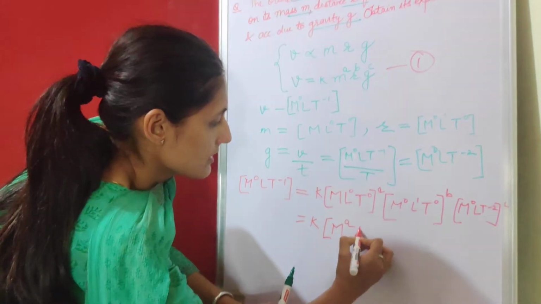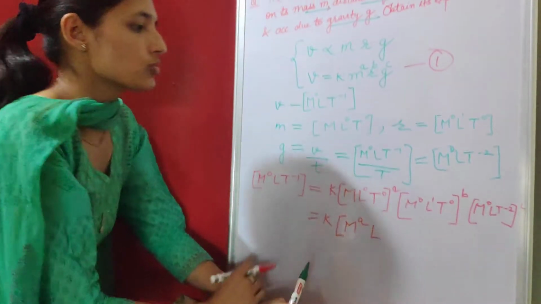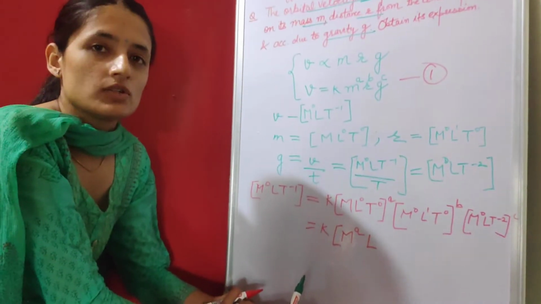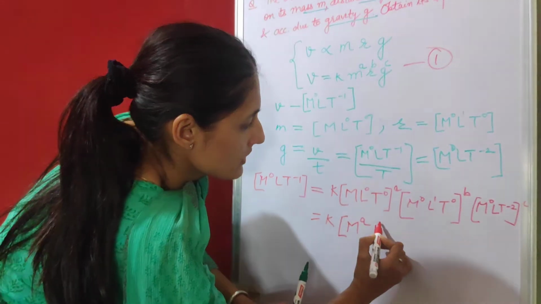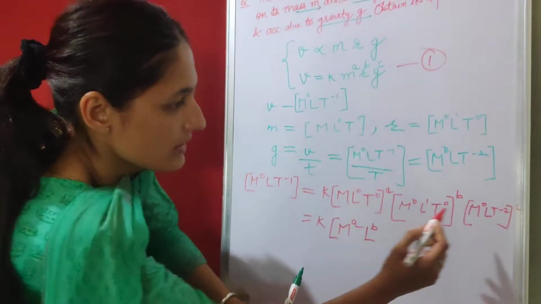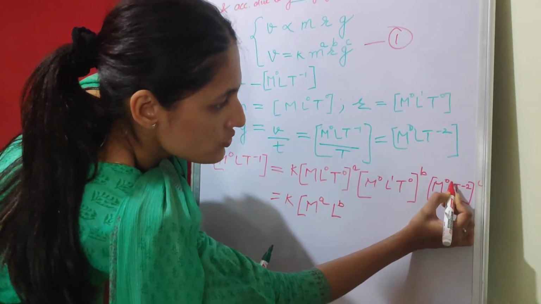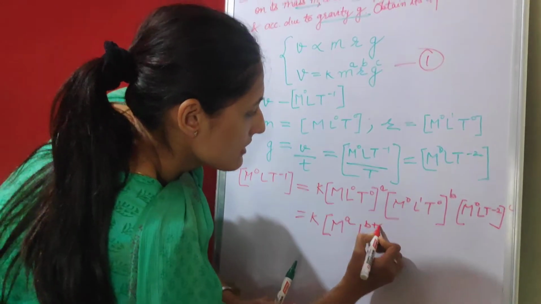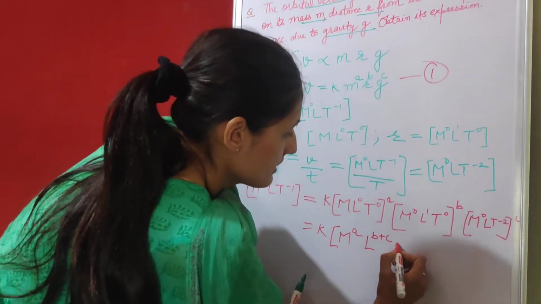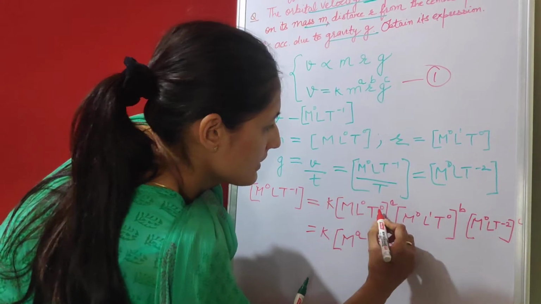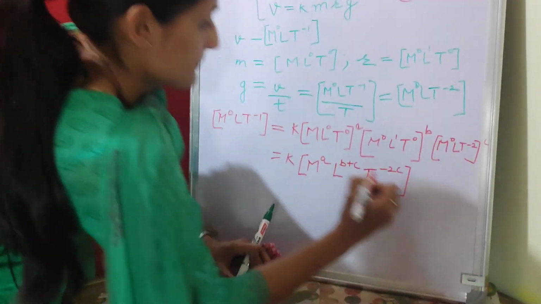And what about length? Here it is 0 times a, which is 0. Here 1 times b gives b, and here length whole power is c, so b plus c. When bases are the same, powers are added. And T is here 0, here 0, minus 2c. Clear?